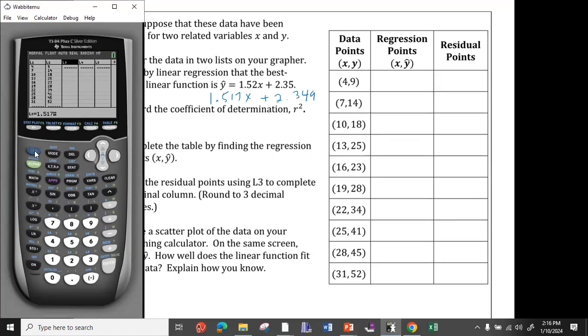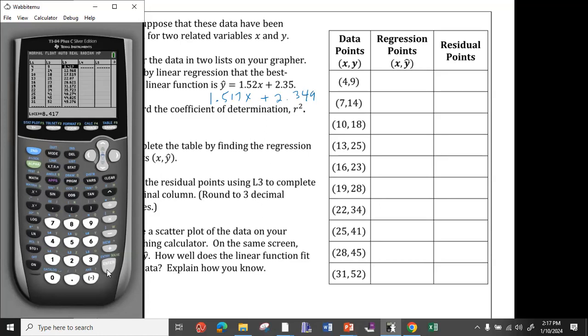And I'm gonna press second one so that I'm saying I want L1 to be my X. Does that make sense? And then plus 2.349. I hit enter and it's going to do all of it for me. And now I have all of my Y's.